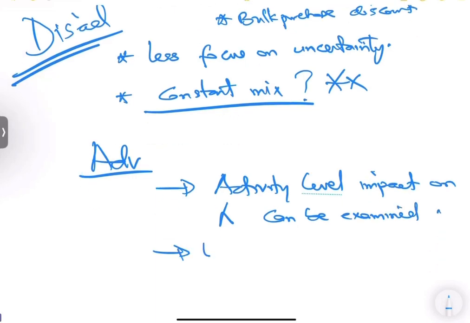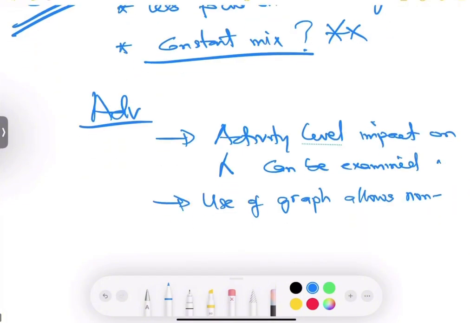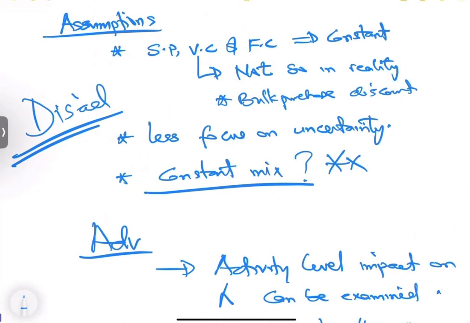The second advantage is that the use of a graph allows non-accountants to understand. Because if you are very good with mathematics, looking at the graph, you can actually interpret a lot of things. So that's also an advantage for CVP. Yeah, and the disadvantages are there too. I think it's a good way to end it.